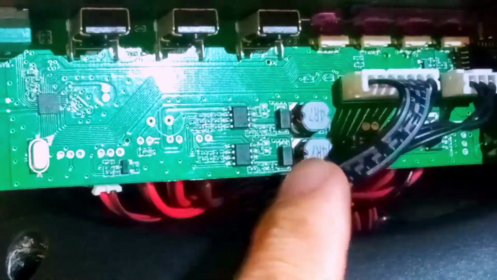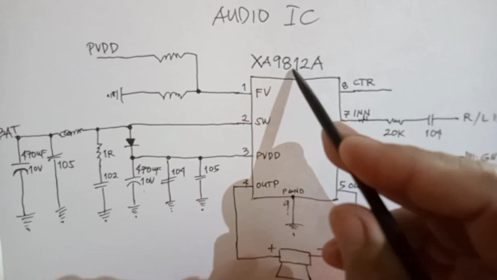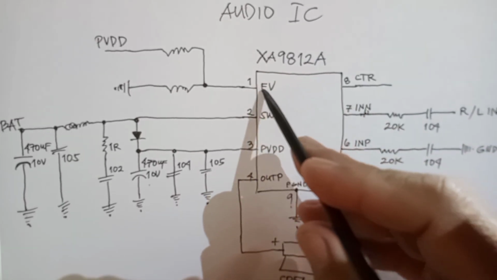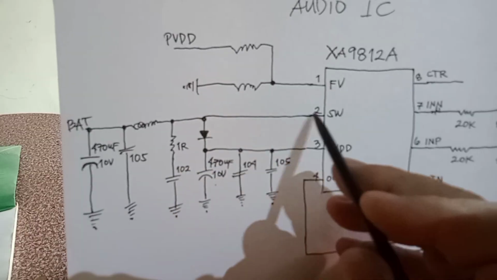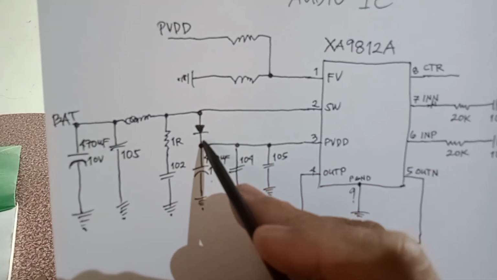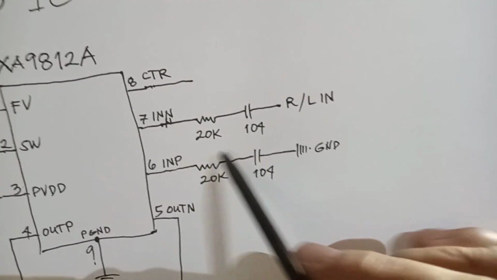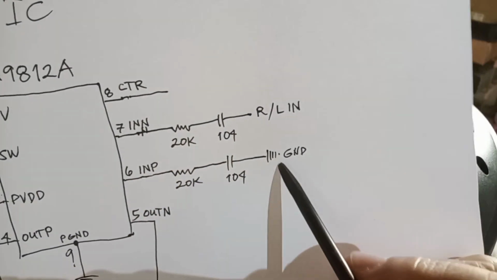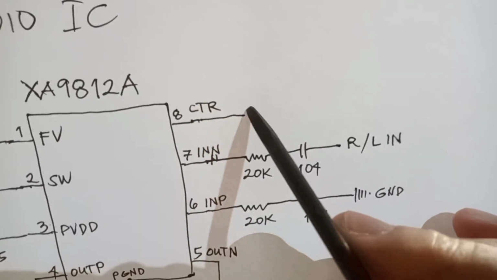Okay, so I'm going to check first the part number. Pin 2 and pin 3, the supply is 3.7, then it will take a drop towards the pin number 3. In this unit, pin number 6 is the input, and pin number 7 is going to ground. Okay, so as we can see here, pin number 8 is CTR. What is CTR?